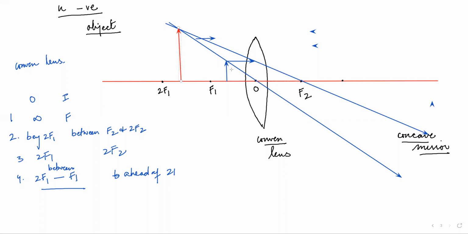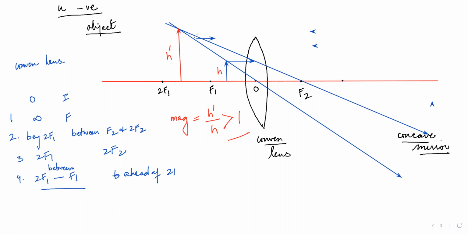So object is this. This is the height of object, students. Height of object may be h and height of image is h dash. So can you tell me in this case what will be magnification? Magnification is always height of image divided by height of object. It will be far greater than 1. So only in this case, in case of convex lens, the image will be virtual.